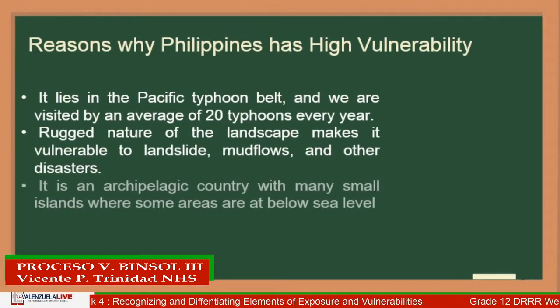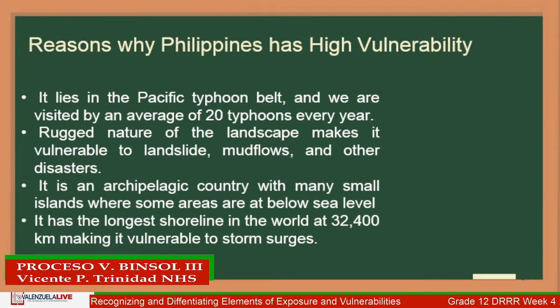Now, let us go on to the reasons why the Philippines has high vulnerability to disasters. First, it lies in the Pacific Typhoon Belt, and we are visited by an average of 20 typhoons every year. Second, the rugged nature of the landscape makes it vulnerable to landslides, mud flows, and other disasters.